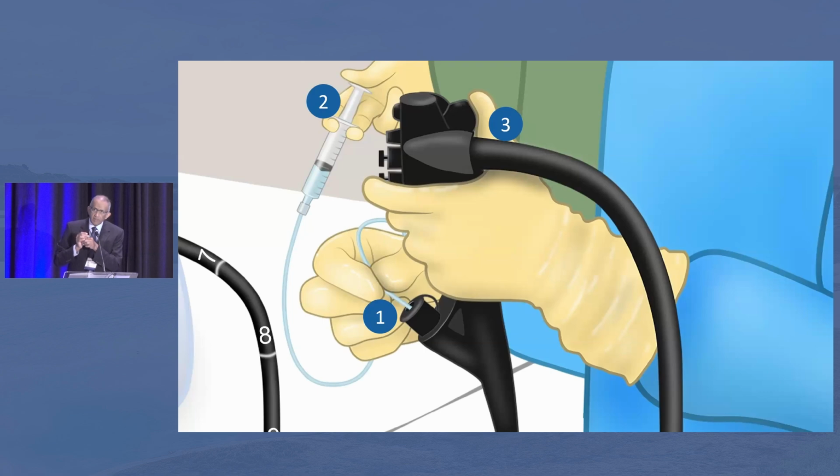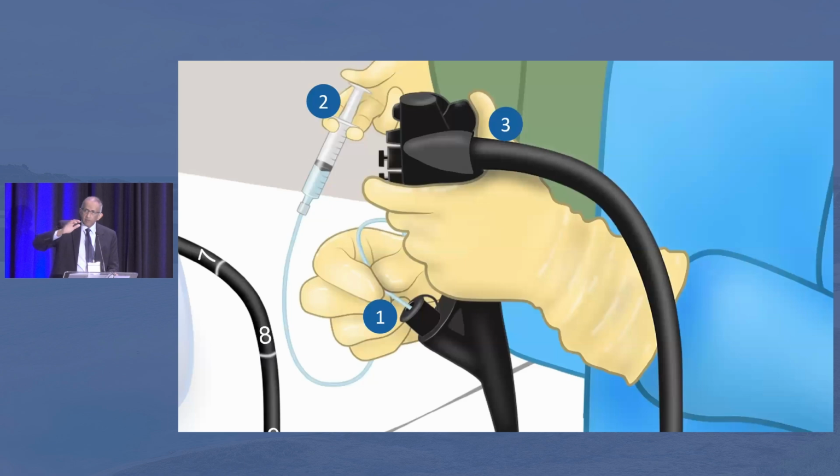And once I know that the needle is below the epithelium, I ask my assistant to do a tap-tap. This will give a small aliquot of fluid, not too much fluid, and then it will lift your mucosa up.